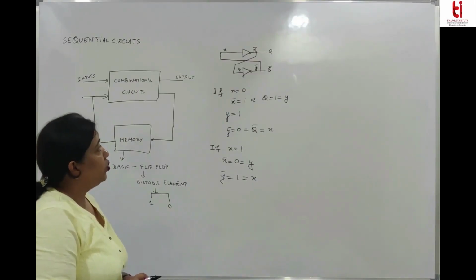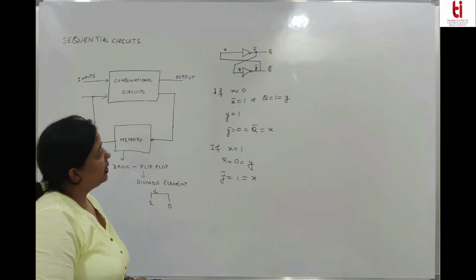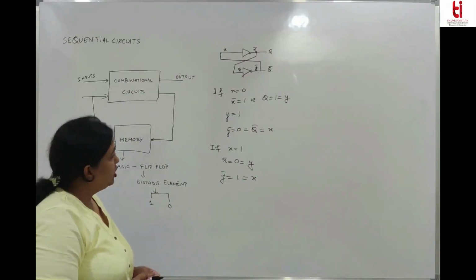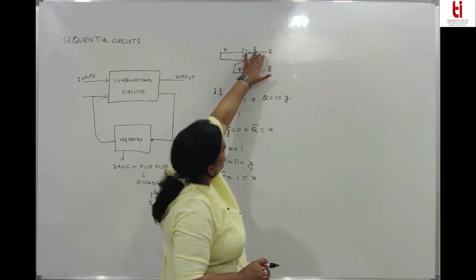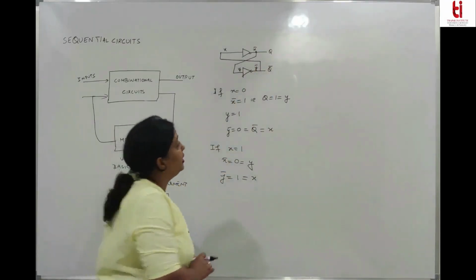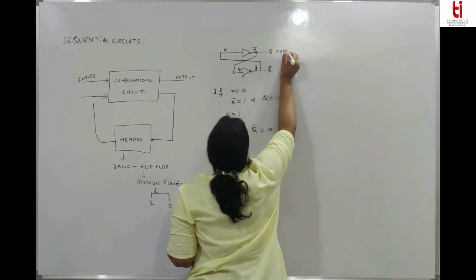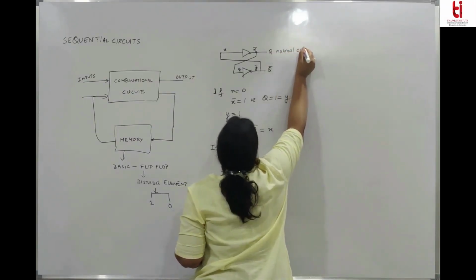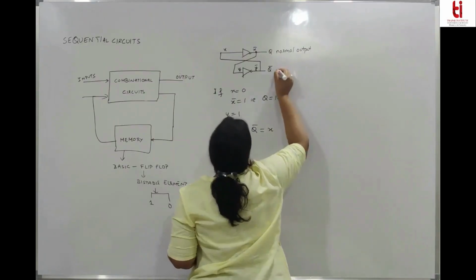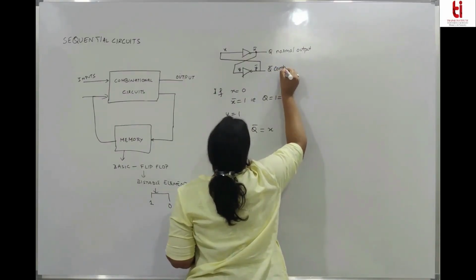That means the two outputs x bar and y bar are complements of each other. So we just name them Q and Q bar. Whenever the two outputs are complementary, we call this output the normal output and this the complementary output.